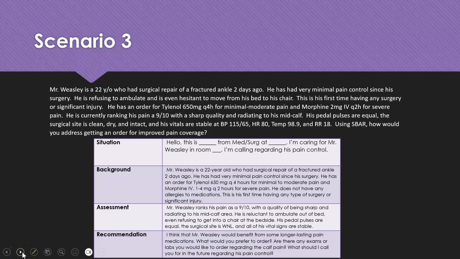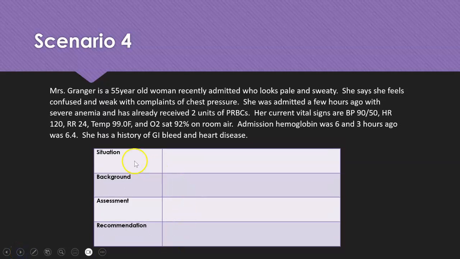Okay, moving on. Scenario 4, Mrs. Granger, a 55-year-old woman, recently admitted, who looks pale and sweaty, you guys. She says she feels confused and weak with complaints of chest pressure. She was admitted a few hours ago with severe anemia and has already received 2 units of packed red blood cells for her anemia.